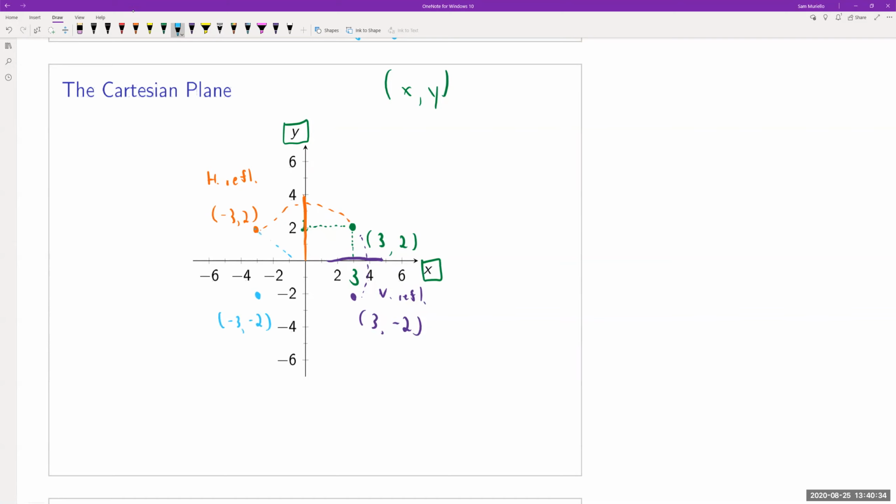And I can think about this being the line I'm reflecting across, one that goes straight through the origin here. If you didn't know, the origin is the point in the center of the graph, 0, 0.